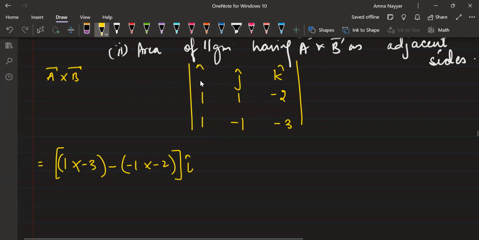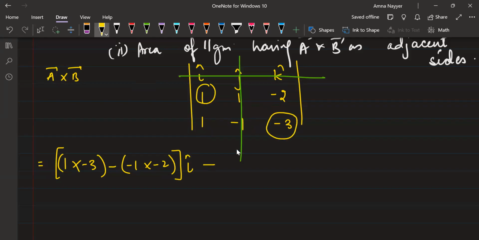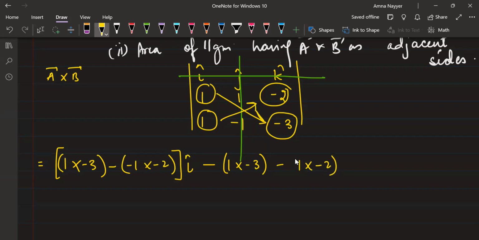For j cap, we eliminate j cap completely, so we'll be left with, for j cap we put a minus, 1 into minus 3, minus 1 into minus 2, then 1 into minus 2. I've already put the minus sign here.